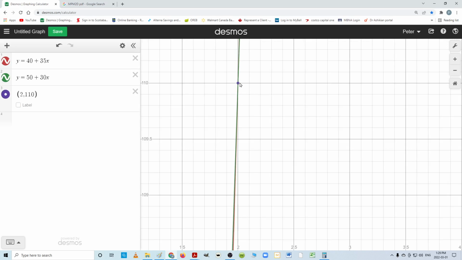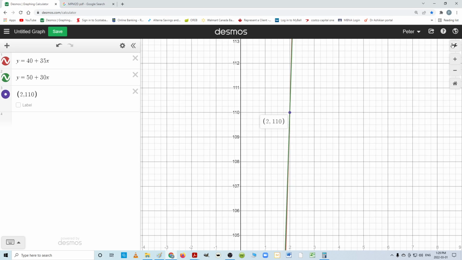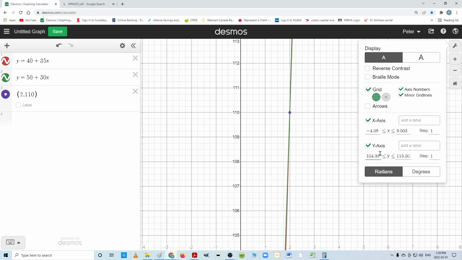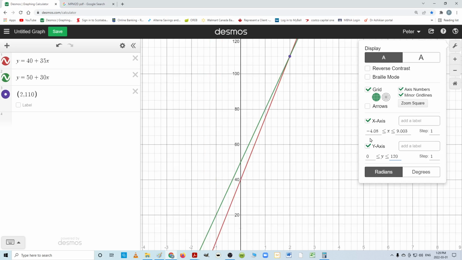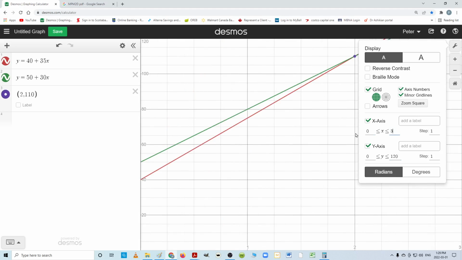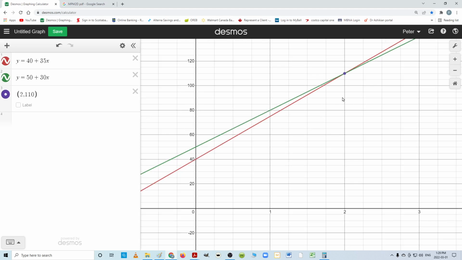Yep, that dot represents where they meet. 2, 110. And if ever you want to see the full graph, since you know you got to go up to 110, just go from 0 to 120 on your y-axis, and you know you're going to 2 on x, so you can just go to 0 to 3, and boom, it'll make it a little easier for you to see it. So there you go. That's where they meet.